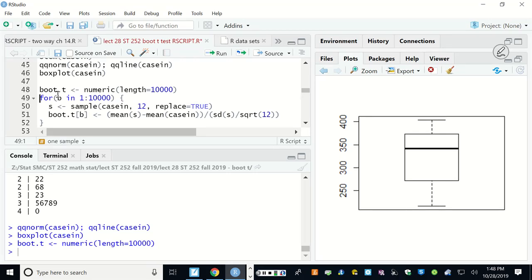And honestly, I need to think a little bit about, not every book presents this, and I don't know that the bootstrap t is the most common. It certainly makes some sense, right? But it's a little bit newer. It's been around since the 70s or 80s when they described this, but it's not so much in introductory books.